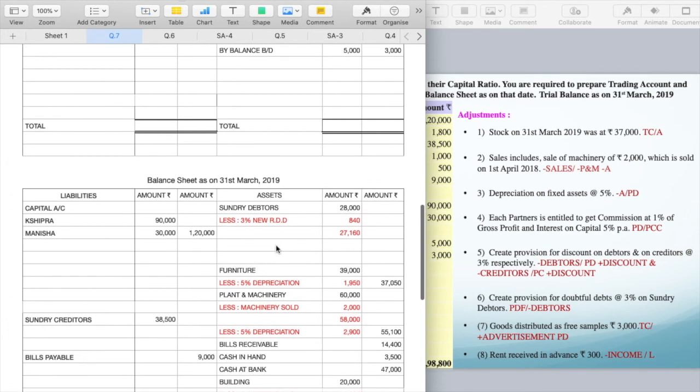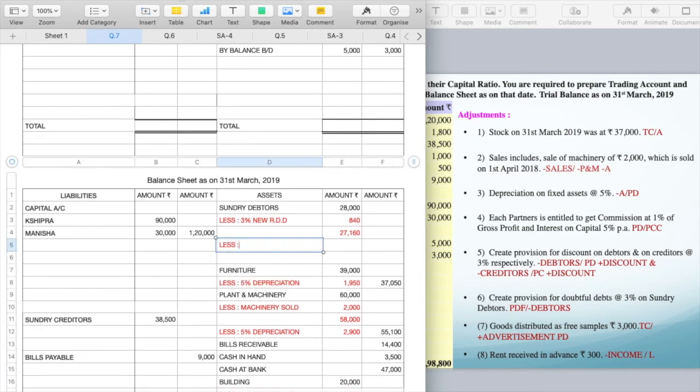Alright. Next, fifth adjustment, create provision for discount on debtors and creditors 3% respectively. So first we'll create a reserve for discount on debtors. So from here also we'll minus 3% new reserve for discount on debtors. So now we are supposed to calculate 3% on 27,160. So if you calculate, you will get an answer 814.8. We are not supposed to write any value in the point. So whenever you get answer in point, if the value is 0.5 or more than 0.5, you have to just round off.